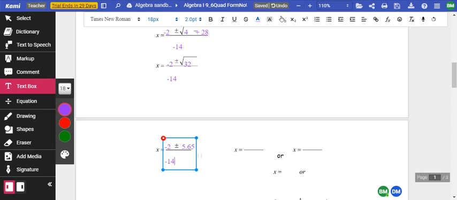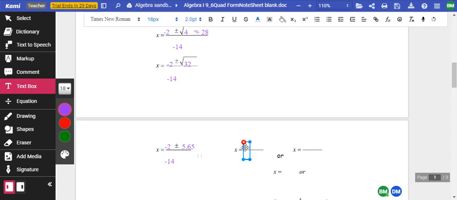So now I'm just going to do this out. Negative 2 plus 5.65, divided by negative 14, gives us 0.26.